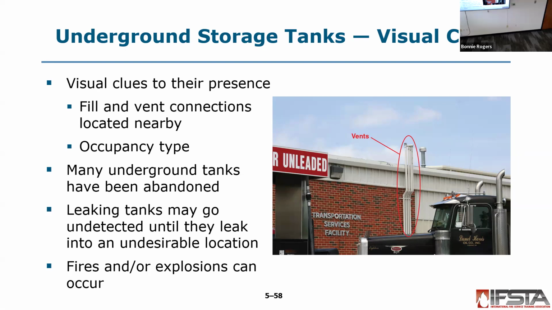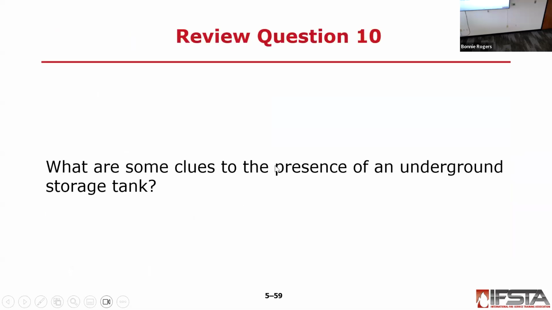So what's the hazard with those? Okay, just to recap, how do we know? By the valves and openings you can see on the ground. Yeah, so the vents or valves.